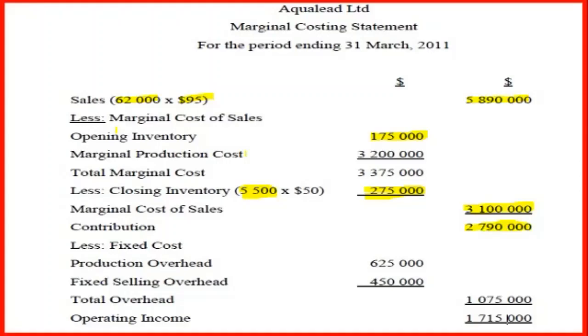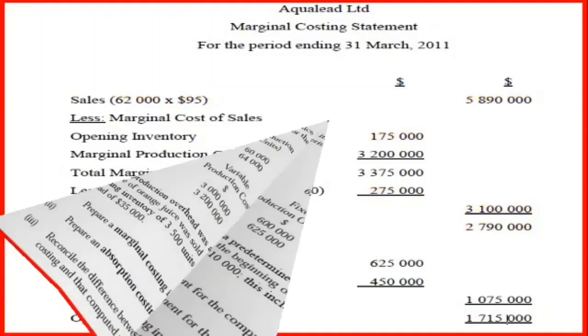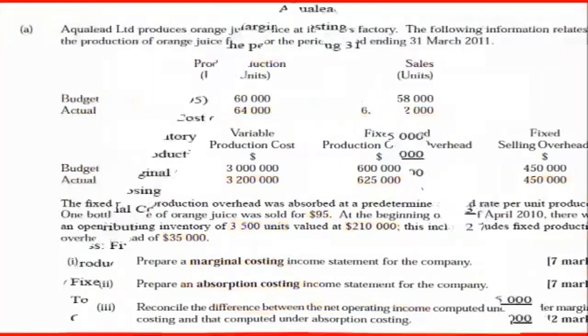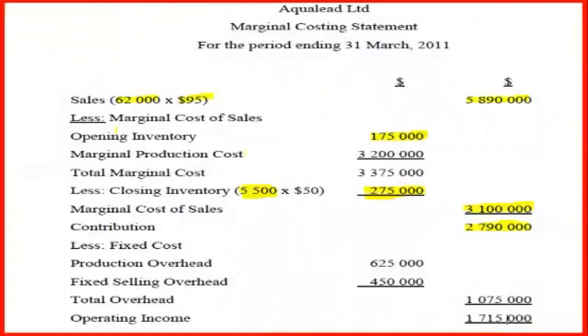Then we have the fixed costs taken from here, 625 and 450. Gives us 1075, and the operating income would be 1715. Okay, so straightforward marginal costing statement.